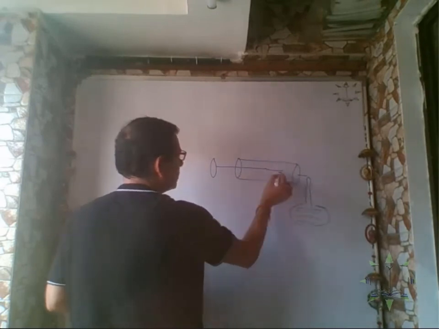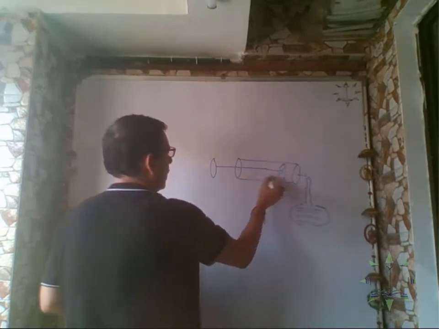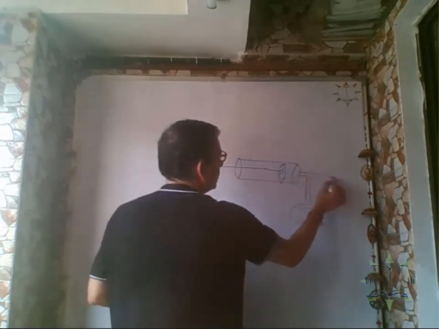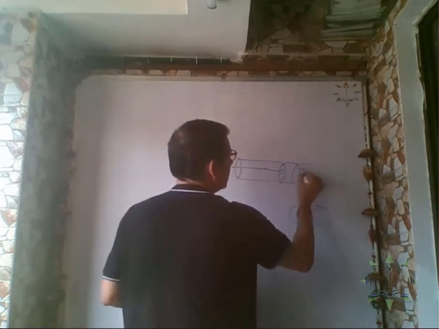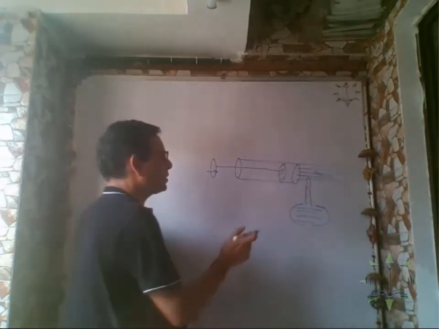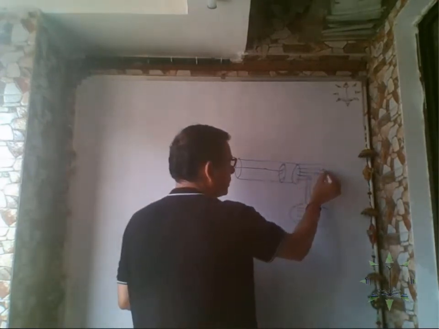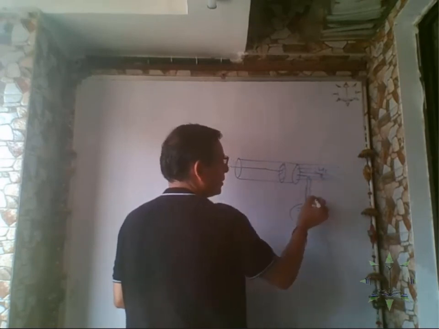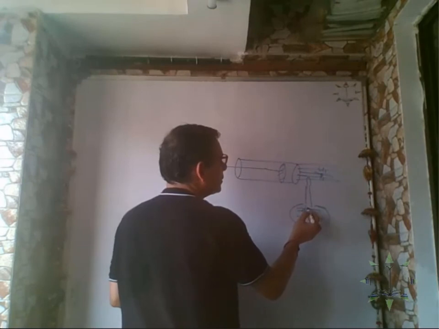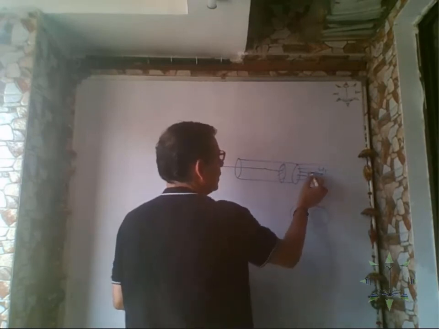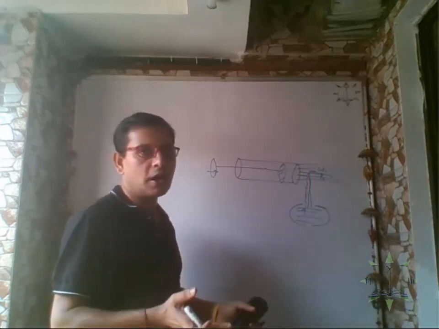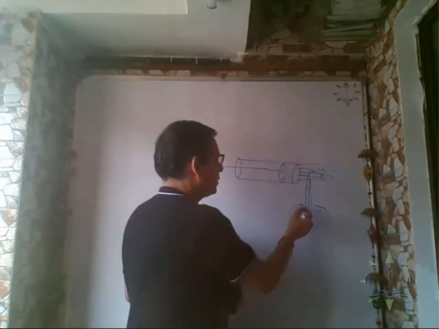Now as you push this handle, the air begins to flow with higher speed as you pump. The speed is more here, so pressure will be less here, and pressure inside is more, therefore the liquid comes out and joins and then it gets sprayed. So how does the liquid come up from this container?